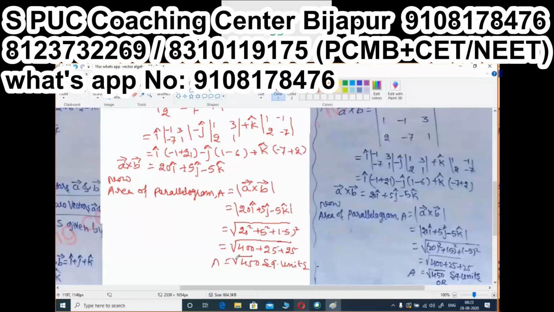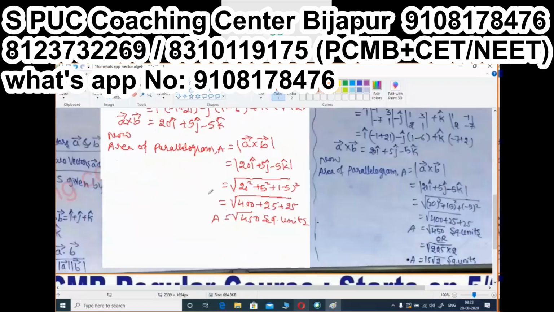If you would like to express it in the simplest form, 450 is 225 into 2, am I right? So 225, you already have the square root of that, you are going to get it as 15. 15 root 2, that is the required area of that parallelogram.